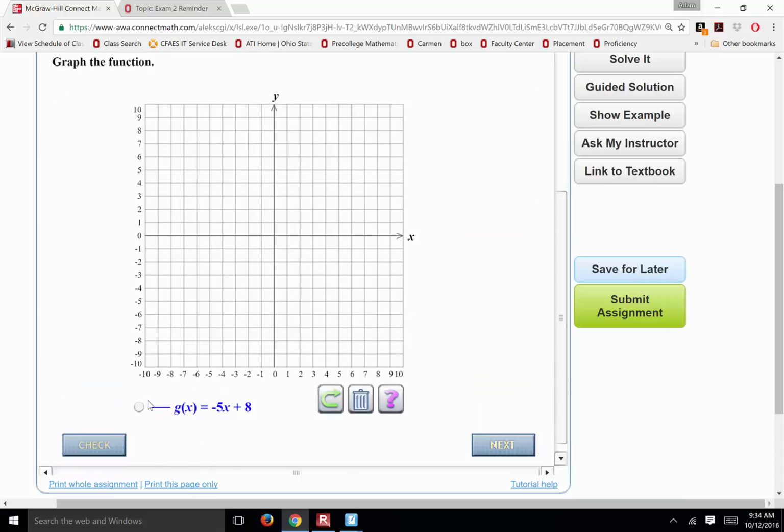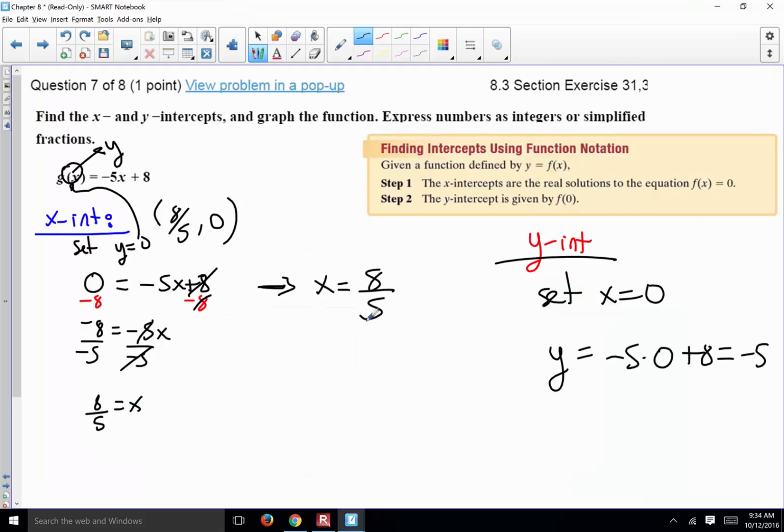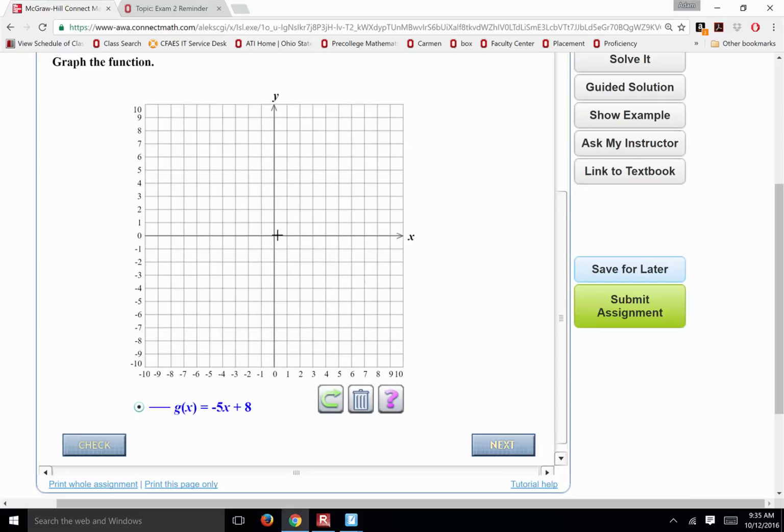And we're gonna graph it now. You better turn that 8/5 you found here for x-intercept into decimal. What is it in decimal form? Roughly, it's 1.6 because it's easier to find 1.6 here. This is about 1.6. You don't need to be perfect.